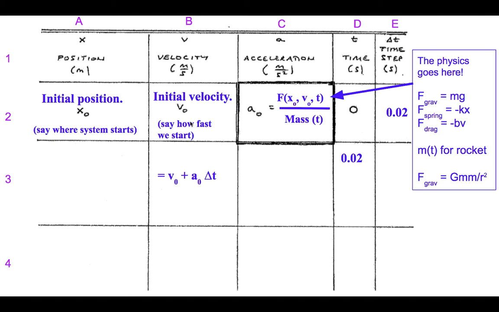So you say that the new velocity equals the old one plus the old acceleration times a change in time. If you were writing that in a spreadsheet, that would be equals b2, which is your initial velocity there, plus c2, which is your old acceleration, times the change in time, which is going to be 0.02 seconds.